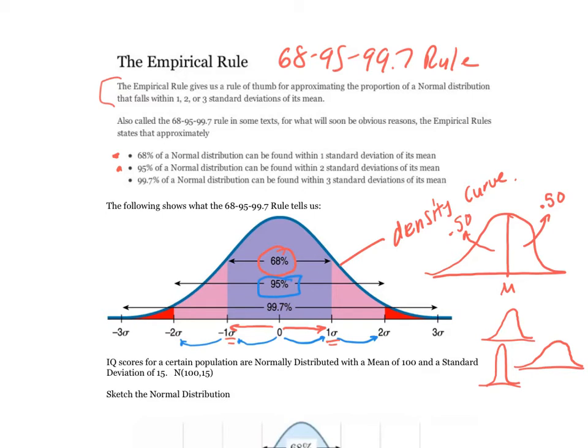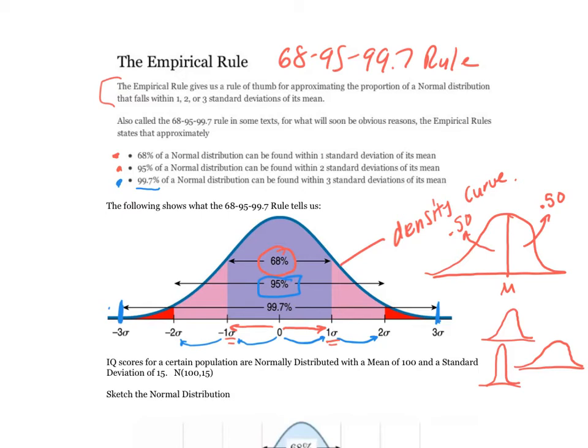And again, that works in every normal distribution. And then the third part, you can probably guess what this is by now. 99.7% of a normal distribution can be found within 3 standard deviations of its mean. So if you go out 3 standard deviations in both directions, that's 99.7%. So in a true normal distribution, there will not be much data that's above or below 3 standard deviations.